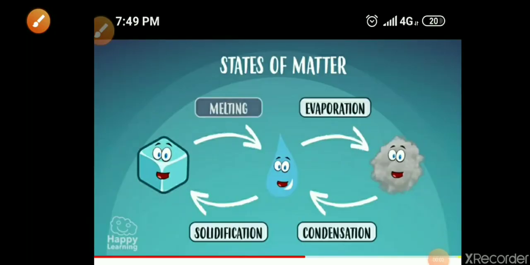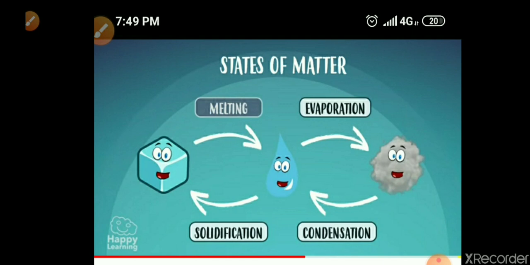So finally what we can conclude is that when ice is brought to room temperature or is provided heat, it starts changing state from solid to liquid and the process is known as melting. When water is heated, it starts boiling and changes its state from liquid to gas and becomes water vapor, or we can also call it steam, and this process is known as evaporation.